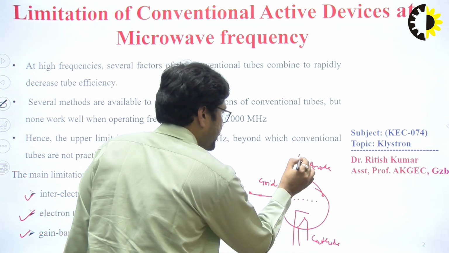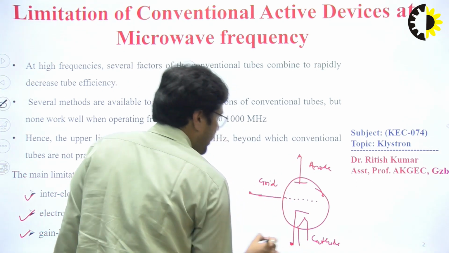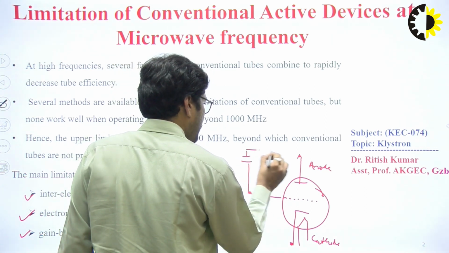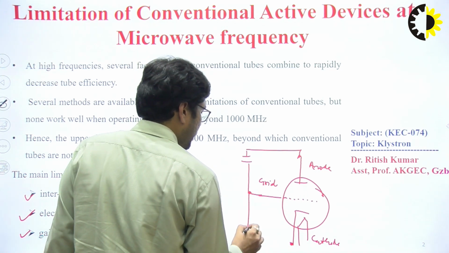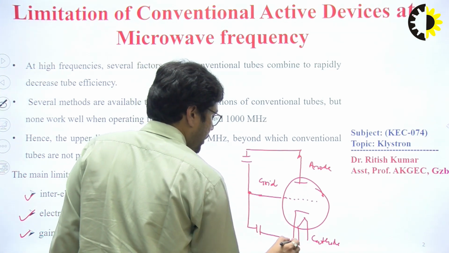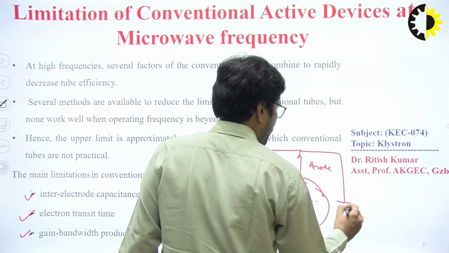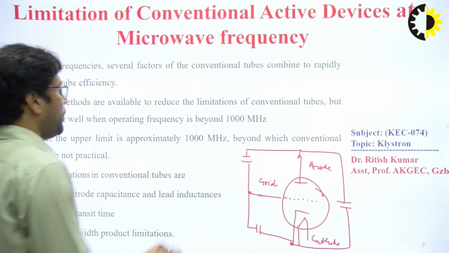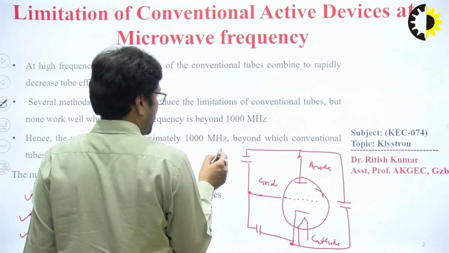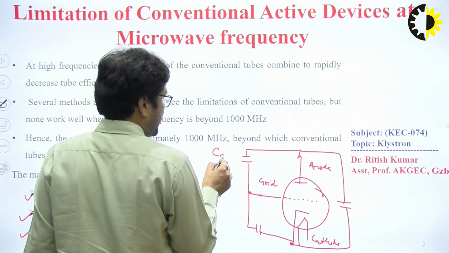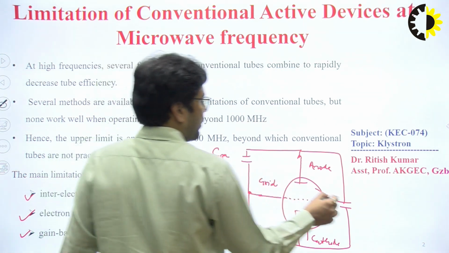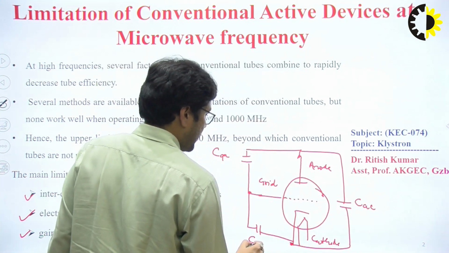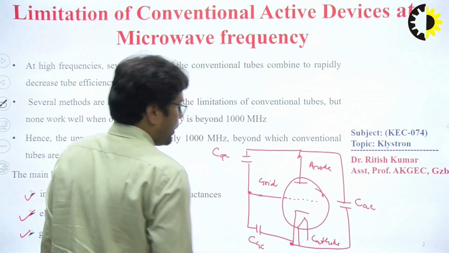These are the electrodes. At higher frequency, capacitance is generated between grid and anode, grid and cathode, and anode and cathode. We can name these CGA, CAC, and CGC.